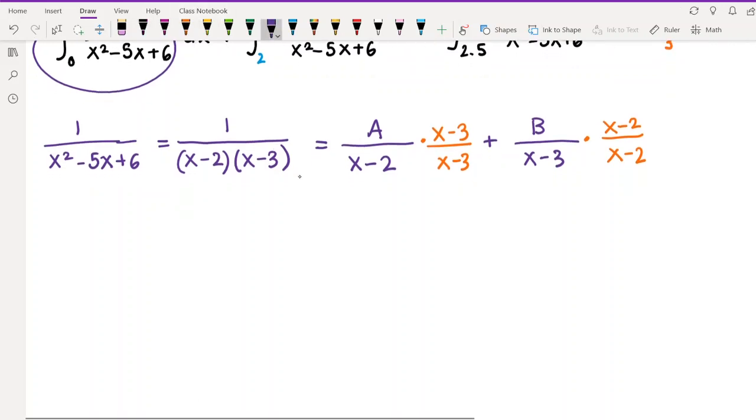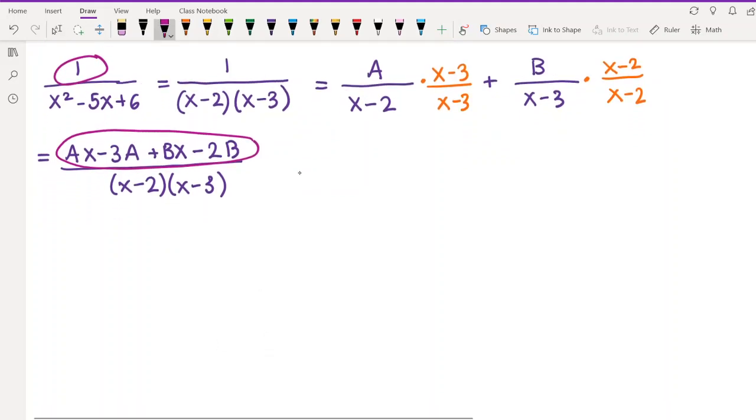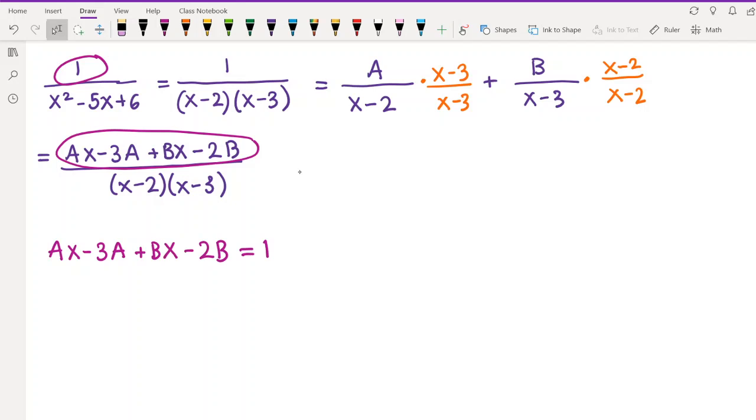So that gives us, for a new numerator, ax minus 3a plus bx minus 2b, all divided by our new denominator. Okay, so now we can do this side-by-side comparison where we say that whatever this numerator is, it has to be the same as the numerator we started with, right? So that means that ax minus 3a plus bx minus 2b must equal 1.